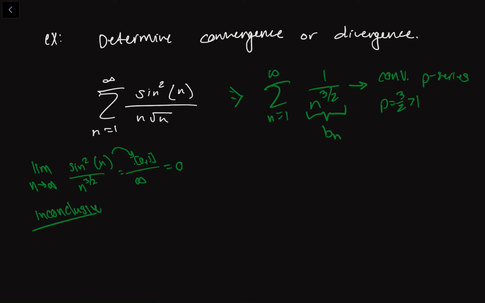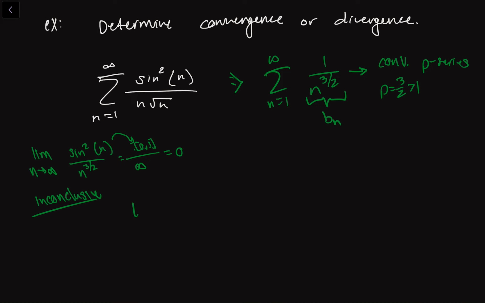Now that we know that this series right here converges, let's compare it with a limit comparison test. We know that L is equal to the limit as n approaches infinity, and let's see if that is equal to a finite non-zero number. We have sine squared n over n to the 3 halves over 1 over n to the 3 halves.